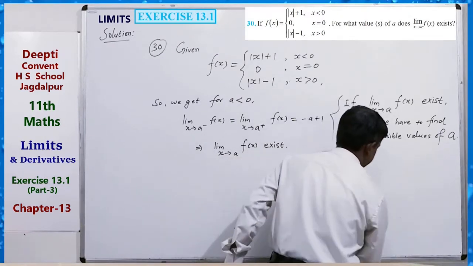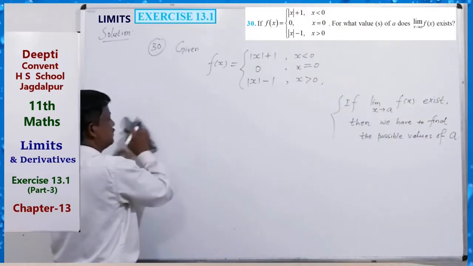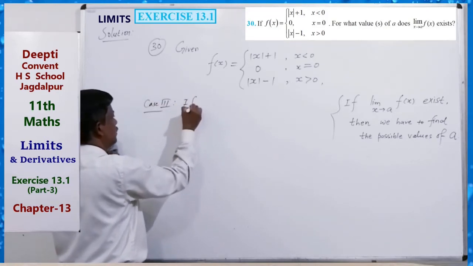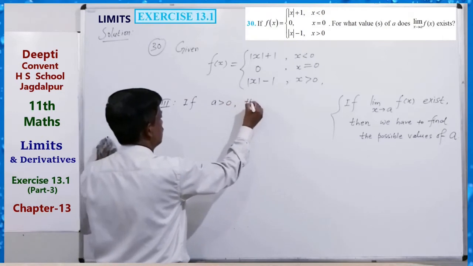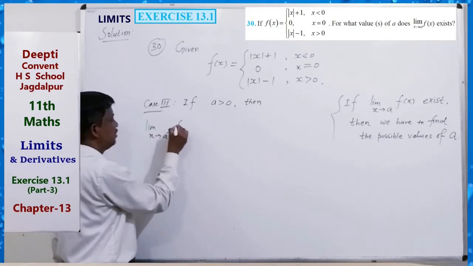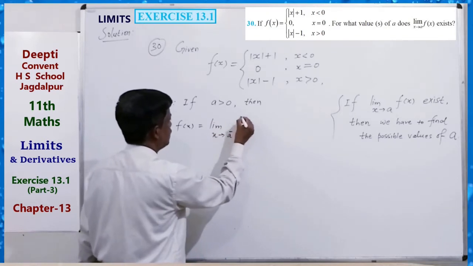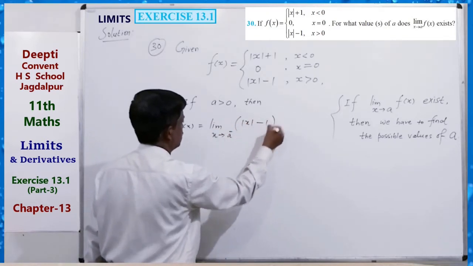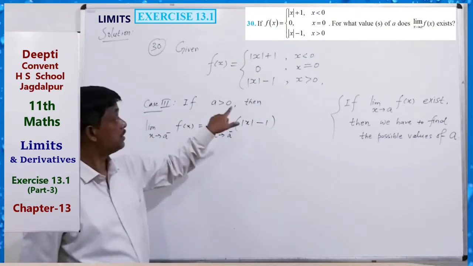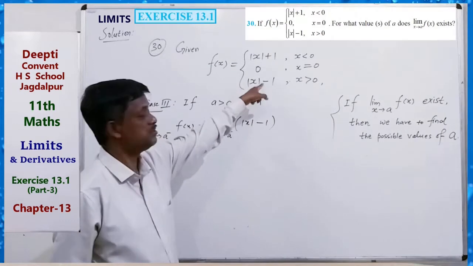Similar logic for the third case. If a is greater than 0, then limit x tending to a, left hand limit of mod x minus 1. Here a is greater than 0, that's why we are using this.